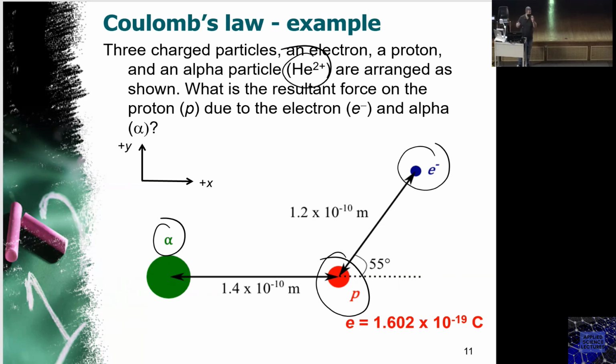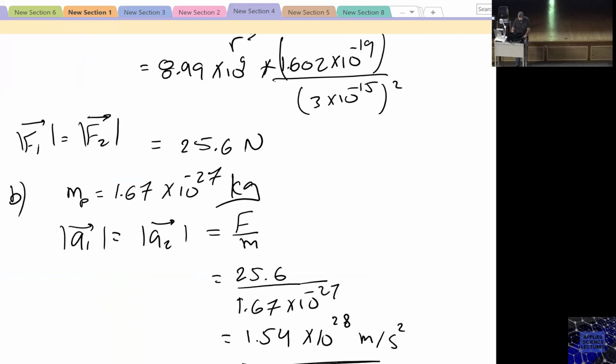The distances between those charges have been given to me, and also the angle between the horizontal and the distance between the electron and the proton. We need to calculate the resultant force on the proton. So how do we do it? Okay, let's see how we do it.